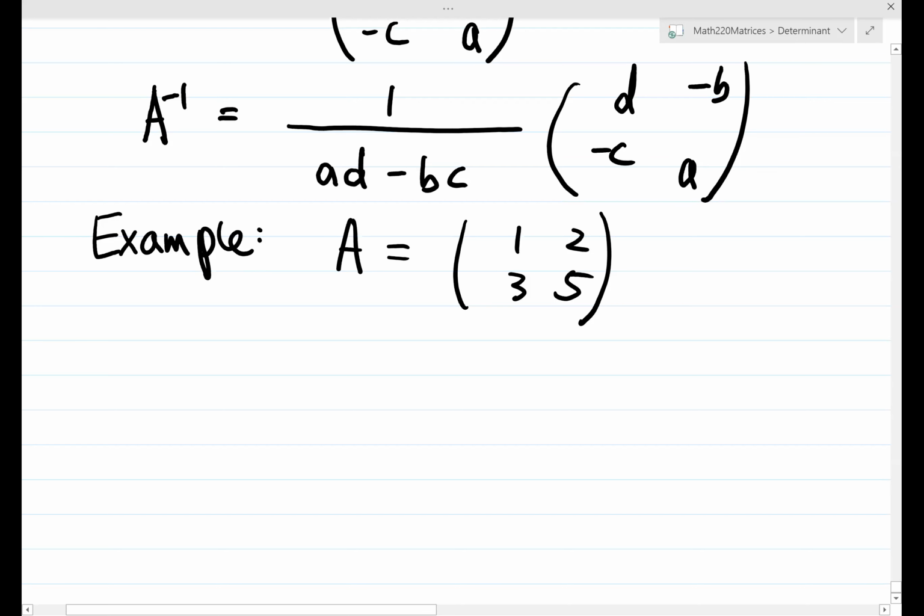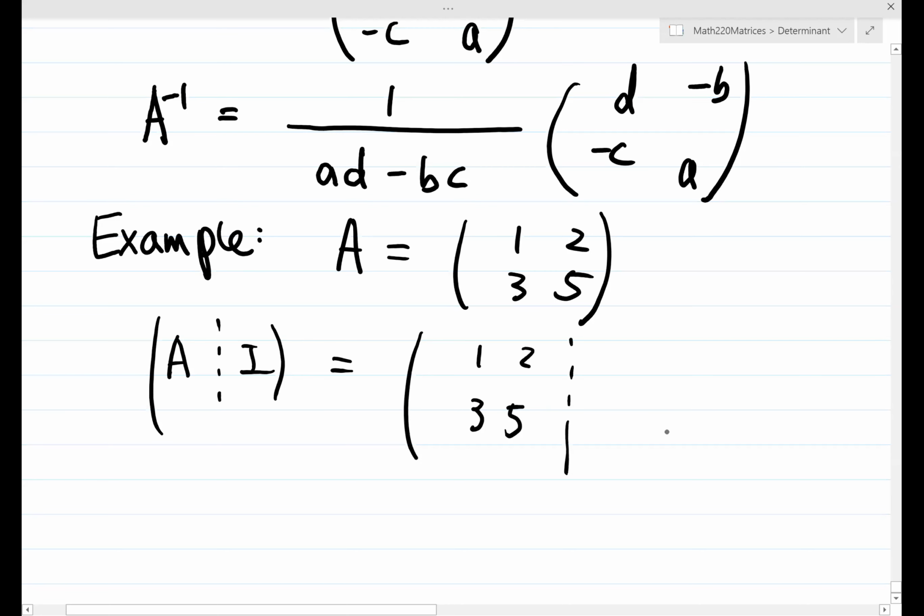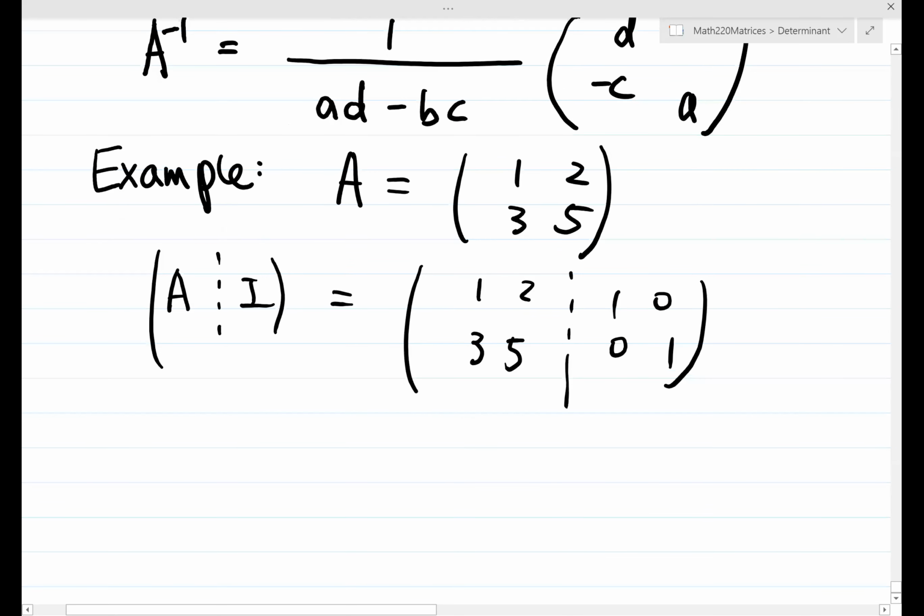Remember Gauss-Jordan elimination: we use an augmented matrix A I, so this will be 1, 2, 3, 5 with 1, 0, 0, 1. We transform the left side A into I, and then I will transform into A inverse.